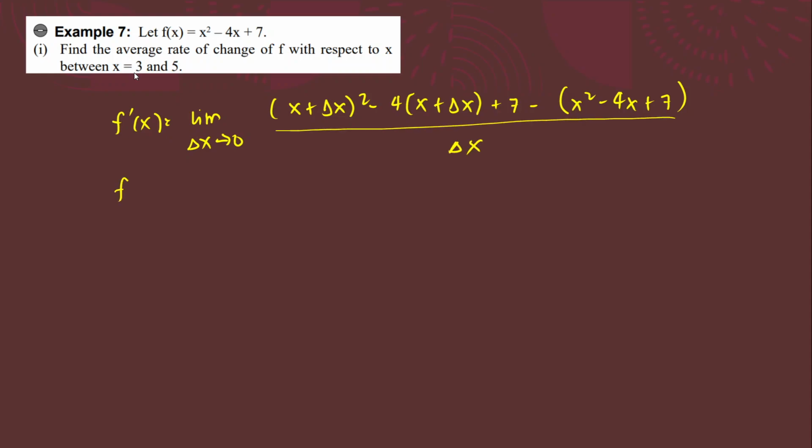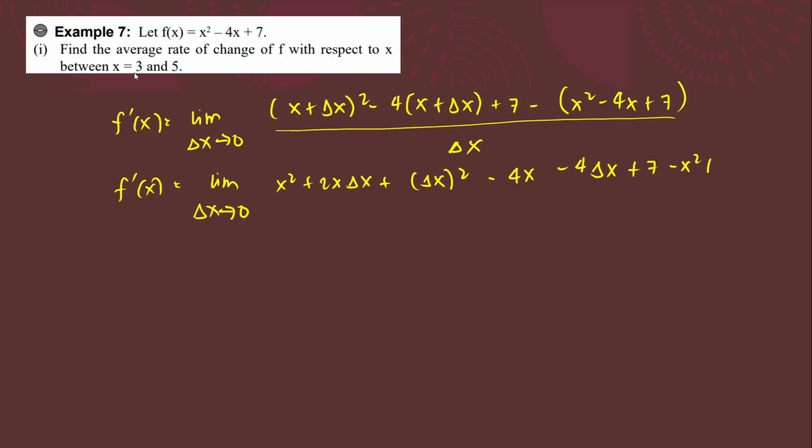Okay. So, f prime x, limit delta x approaches 0, x squared plus 2x delta x plus delta x squared, minus 4x minus 4 delta x plus 7 minus x squared plus 4x minus 7. So, divide natin siya ng delta x.